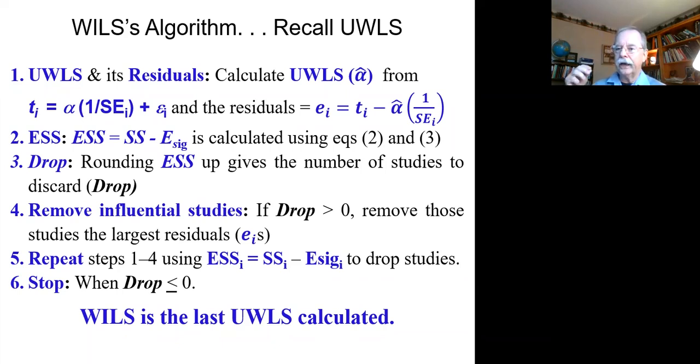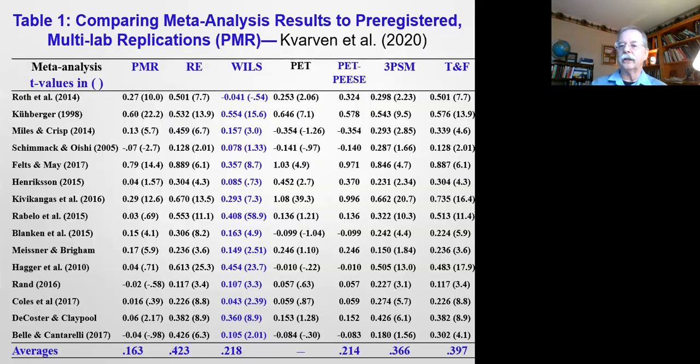The last unrestricted weighted least squares estimate you calculate through this process is what we call WILS. It is the unrestricted weighted least squares again, just calculated on a reduced number of studies. Well, it doesn't have to be reduced. Often you won't find excess statistical significance, and so they're the same thing because you don't drop any studies.